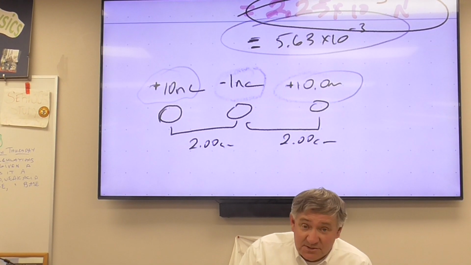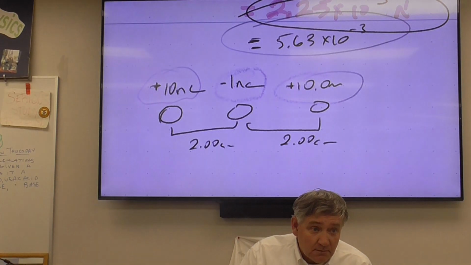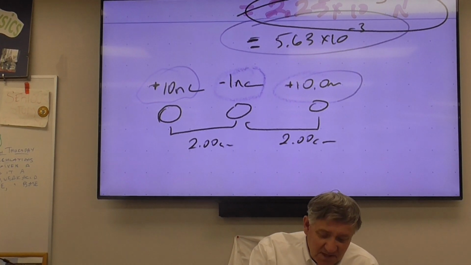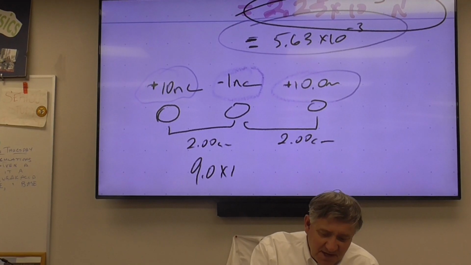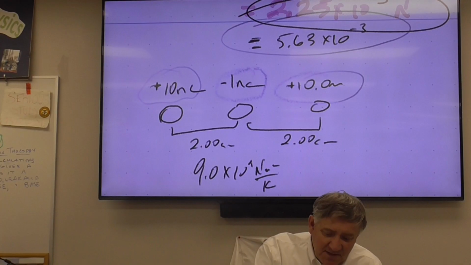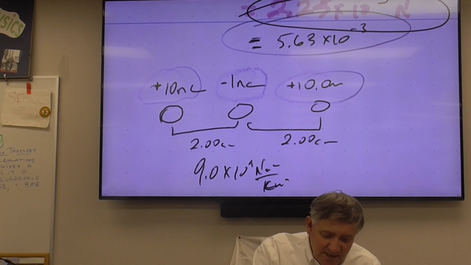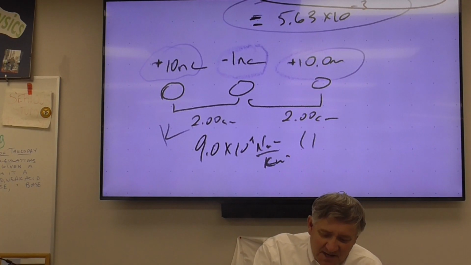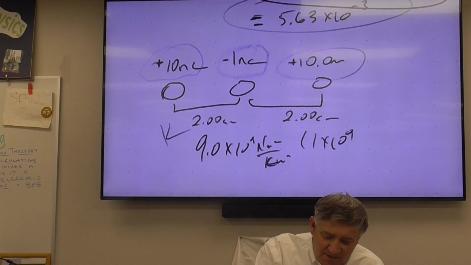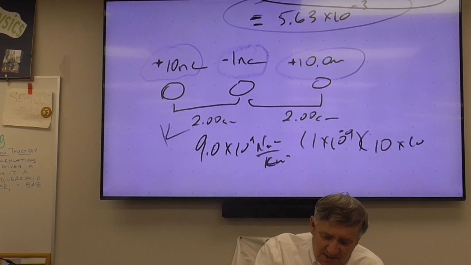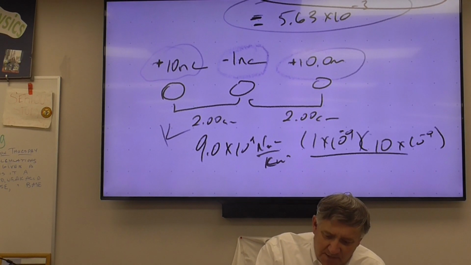Do you have enough information to calculate that? Yes. Because 9 times 10 to the ninth newtons meter squared, that's represented by K for Coulomb, times 1 times 10 to the negative ninth, times 10 times 10 to the negative ninth, divided by 0.02 meters squared.